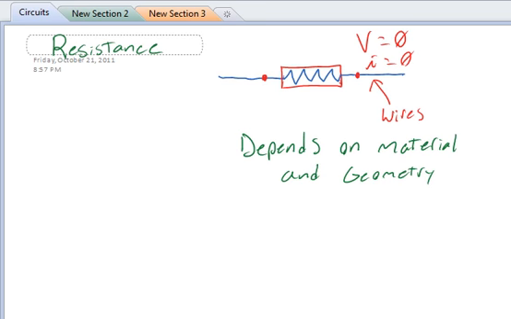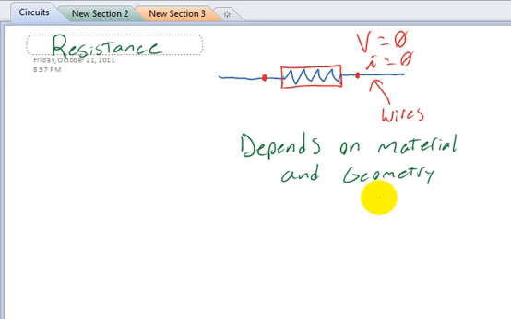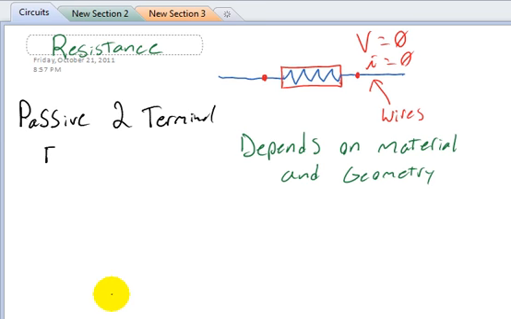If you had to give a resistor a technical name, I would say that it is a passive two-terminal circuit element. And that's what a resistor is.